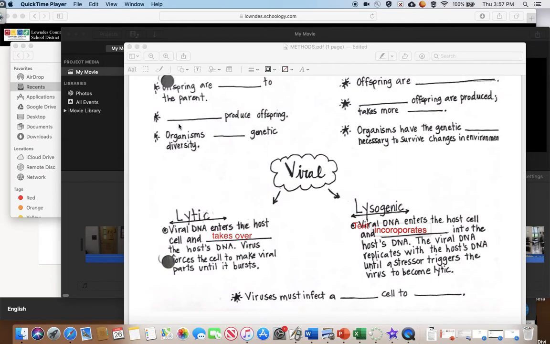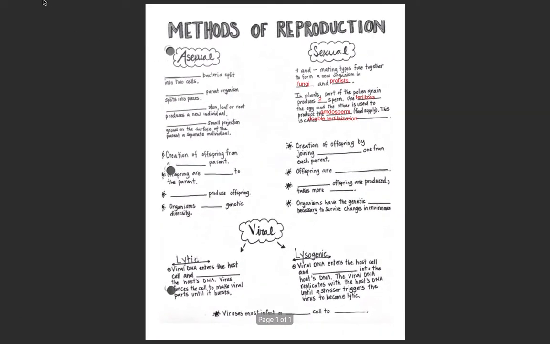Okay, guys, I was going to go over some of these. Well, it's this concept map that I thought might help you if you are having any trouble with the types of reproduction. So I posted this online, so you can use this.